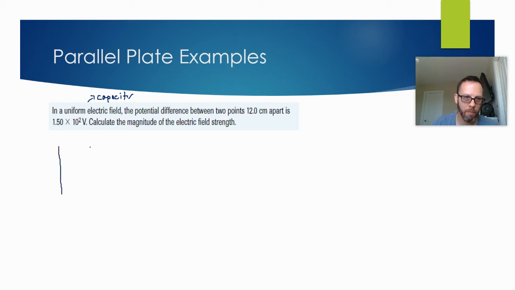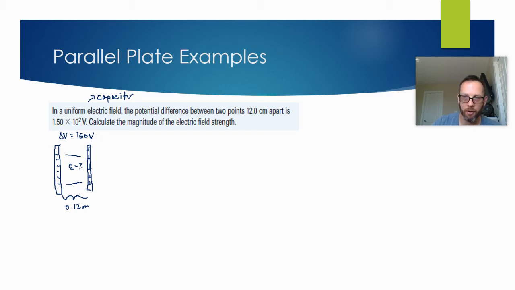So it's like we've got two parallel plates. Oh, my drawing is terrible today. Plus. So two parallel plates. We're told that the potential difference between them is 150 volts. We're told that those plates are 0.12 meters apart, and we're asked to find the magnitude of that electric field.